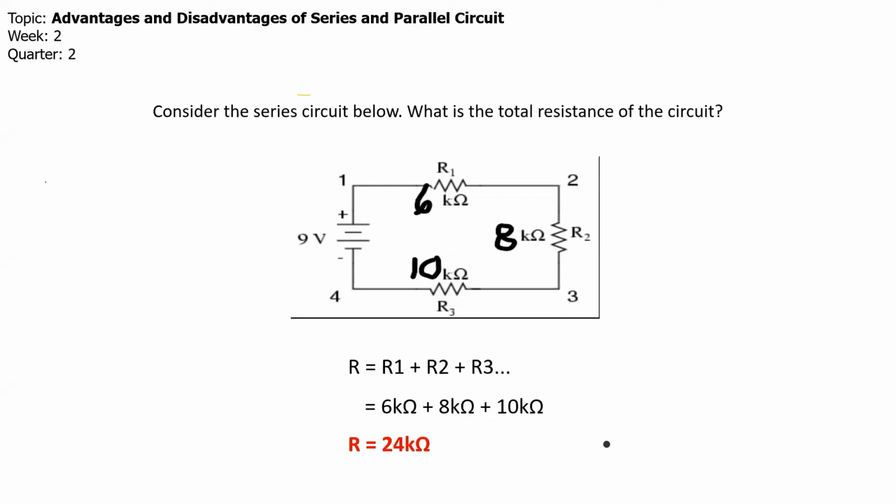For example, kaning 6 kilo ohm. So when you convert 6 kilo ohm, in 1 kilo ohm, we have 1,000 ohm. So what you are going to do, kaning nasa right side, 6 kilo ohm times 1,000 ohm over 1 kilo ohm.